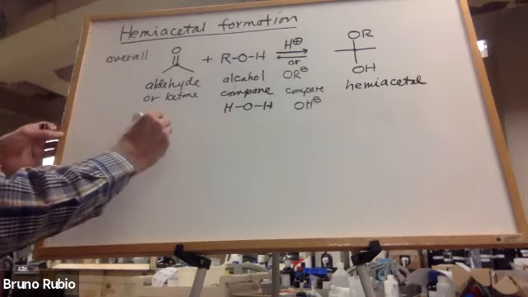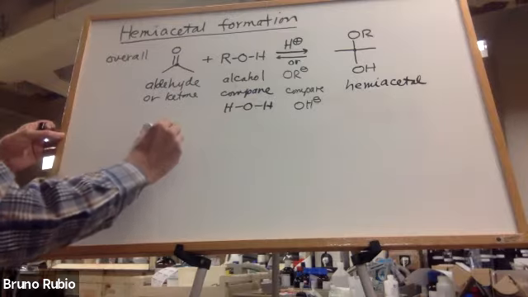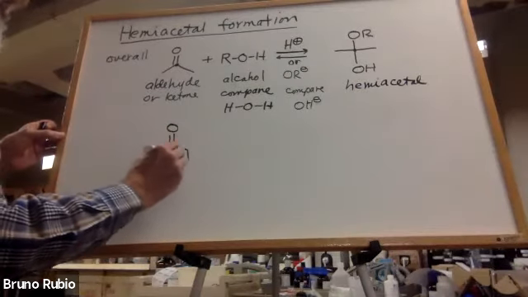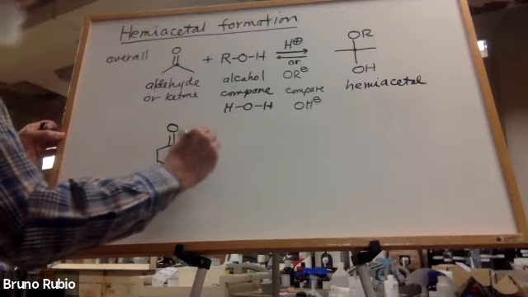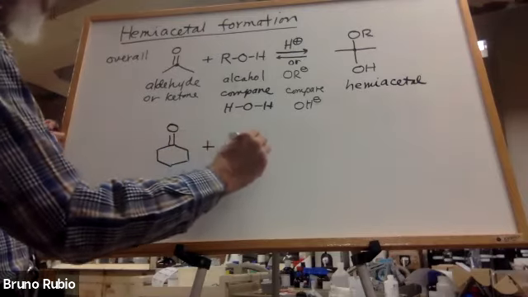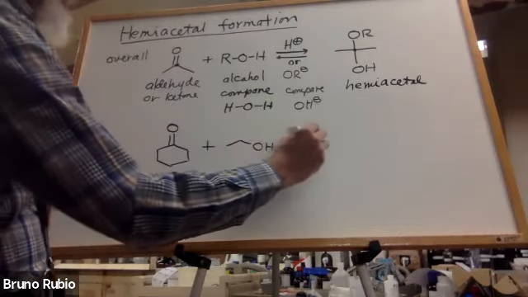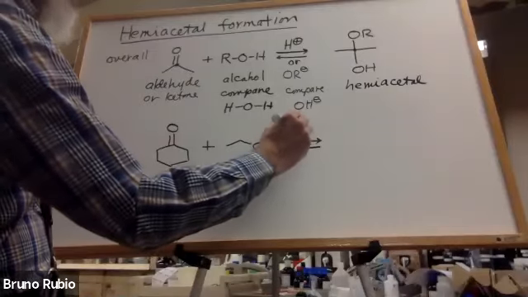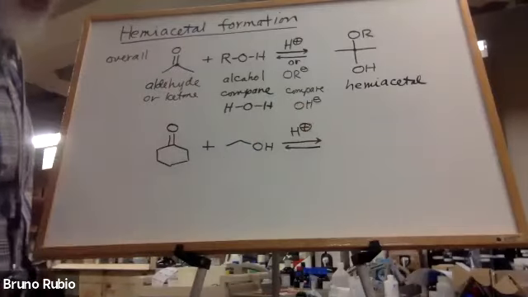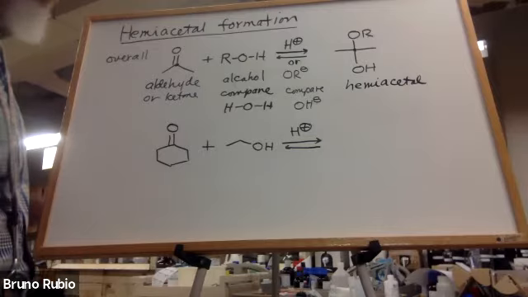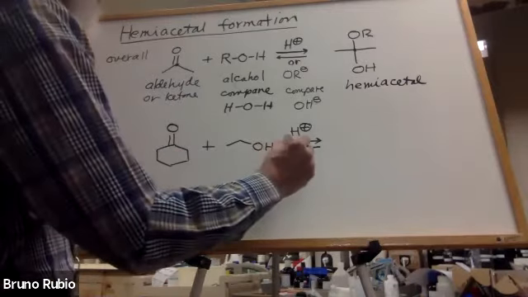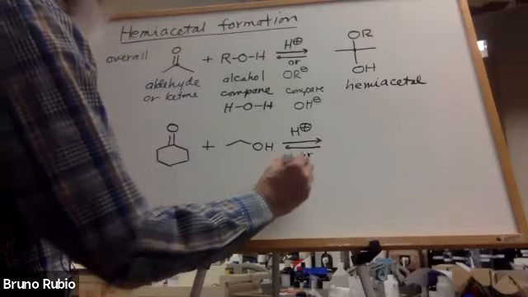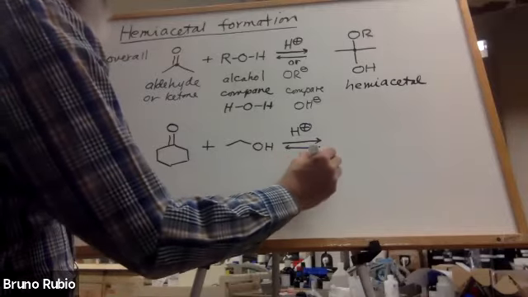All right, so what if we have something like cyclohexanone? There's the aldehyde or ketone, and react that with ethanol. Let's say that the reaction is reversible. If it happens under acidic conditions, we would have H plus above the arrow, but now, if it happens under basic conditions, we're going to have the conjugate base of the alcohol.